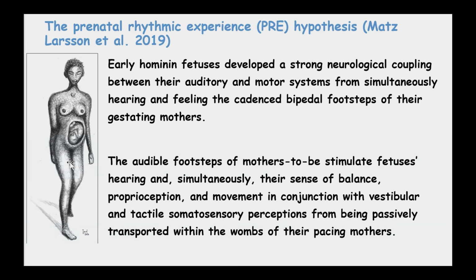Fetuses heard the footsteps, which fetuses do through amniotic fluid, and they felt the movements accompanying the footsteps, and this was the basis that stimulated a synthesis of the nervous processing of what one hears and what one feels, and movement. That was the foundation that, eventually, much more recently, was adapted by Mother Nature, if you will, and formed the foundations for keeping a beat to music.